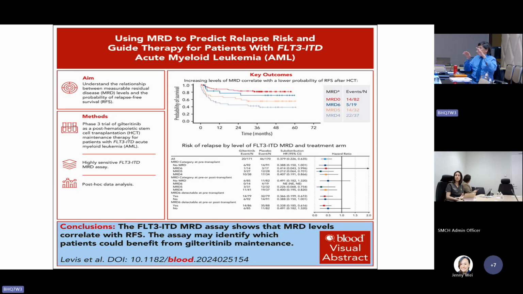But in the population of MRD positive FLT3 prior to transplant or anytime post-transplant, those patients needed gilteritinib. The patients who are MRD negative before transplant, which often happens now because people get midostaurin plus induction therapy, you could transplant them, but they do not need maintenance therapy. It's just the ones that have MRD positive status.